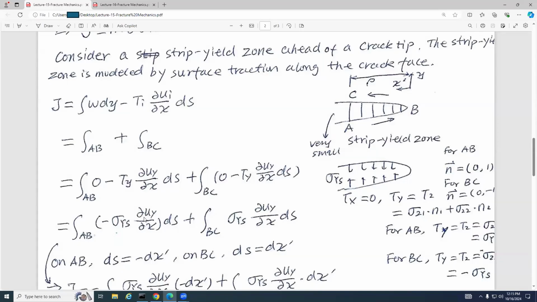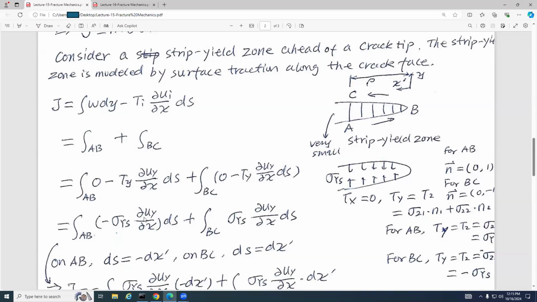Now, I showed you that when we calculate the J integral, the J integral is independent of the contour, the path gamma. You still remember, guys? So if it is independent, I can select any path.